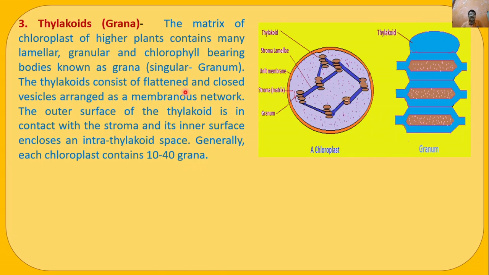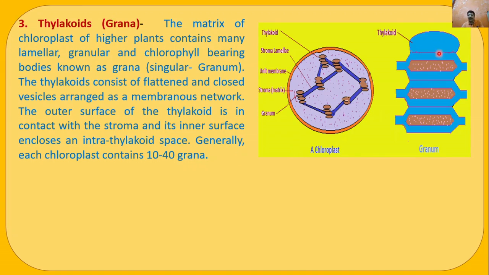The thylakoids consist of flattened and closed vesicles arranged as a membranous network. The outer surface of the thylakoid is in contact with the stroma, and its inner surface encloses the intrathylakoid space. Here you can see this part of the granum is in contact with the stroma, and this inner part contains the intrathylakoid space. Generally each chloroplast contains 10 to 40 grana.